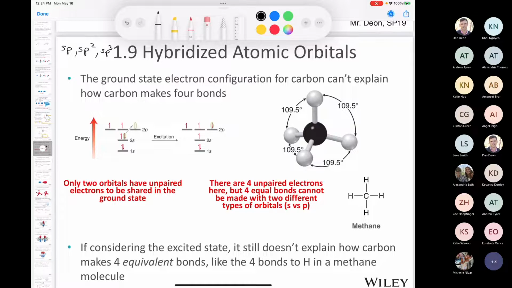If we take a look at the ground state electron configuration of carbon, it does not explain why we get 4 bonds. Hopefully everybody can write down carbon is 1s2, 2s2, 2p2. So we have 4 valence electrons. 4 valence electrons means 4 bonds, right, Mr. Dion?